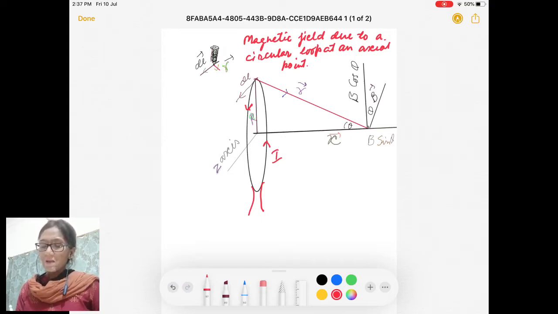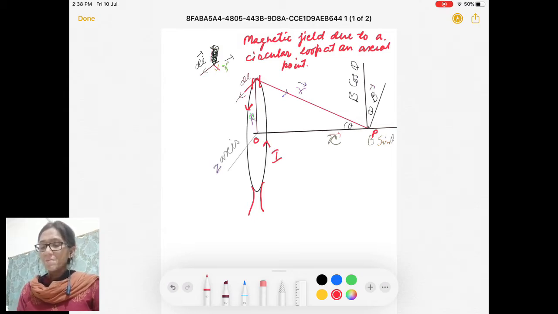Okay, so magnetic field at an axial point from the center of the circular loop, at a point P which is at a distance x from the center of the circular loop. Now current is coming along this direction. Let me take a small length element, dl length element.